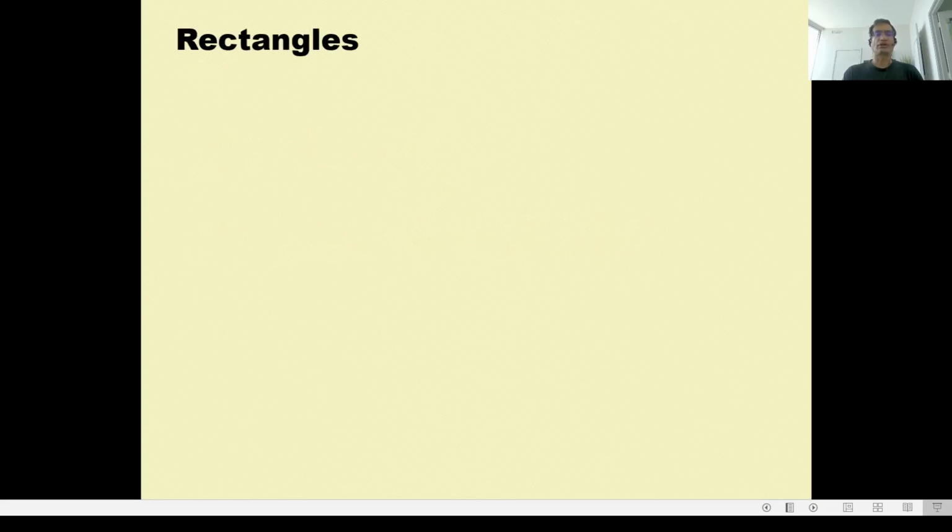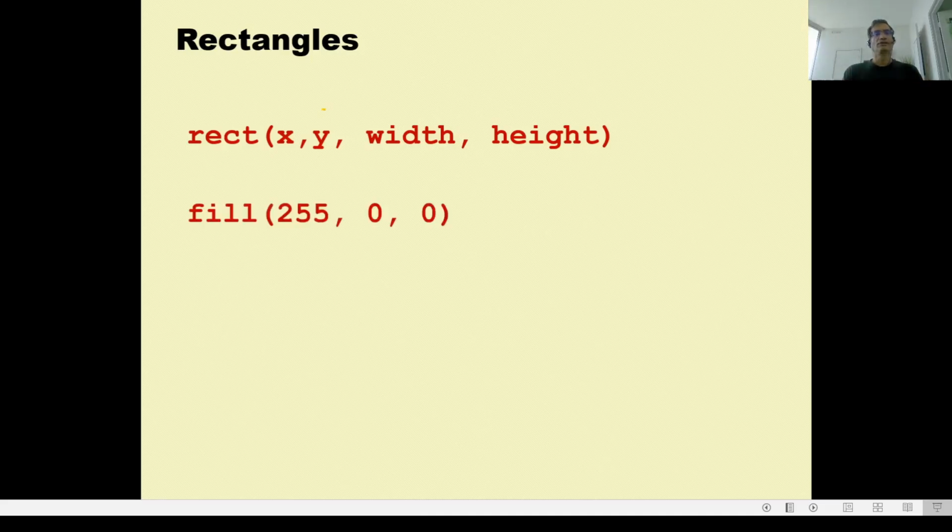Now we're ready to start looking at shapes. Let's start with an easy one. It's a rectangle. In Processing, to specify a rectangle, you simply have to specify its top left corner XY coordinate, give its width and give its height. So let's say that I want to fill my rectangle with red color, RGB 245, 0, 0.